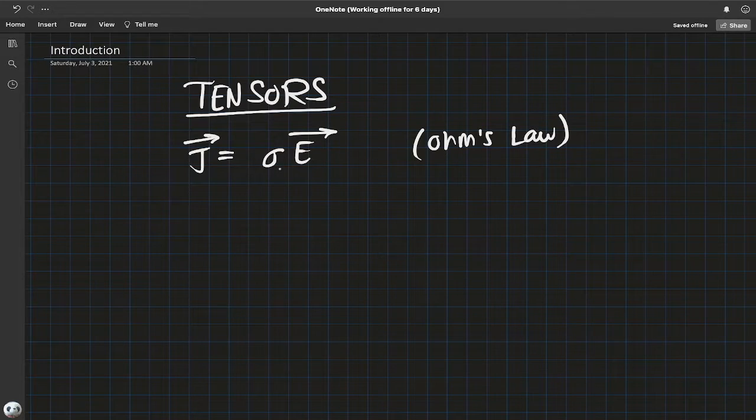The issue is this sigma here. What is it? Is it a scalar? Is it a vector? Or is it something else? Because think about this. The way I've written sigma, you can say it's a scalar. Why?